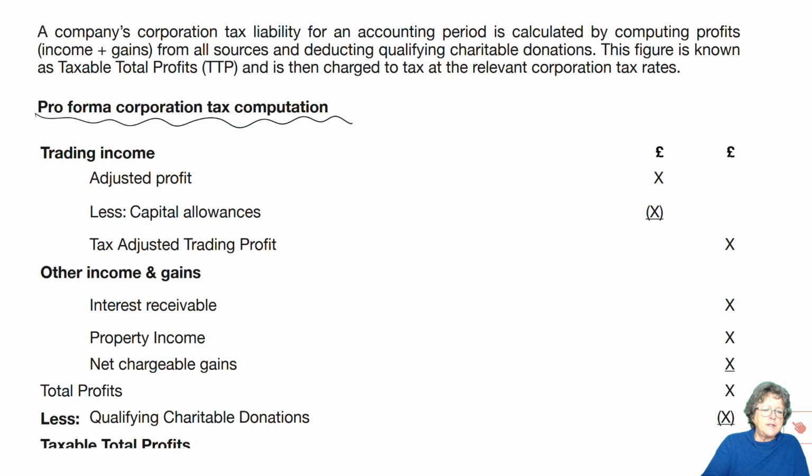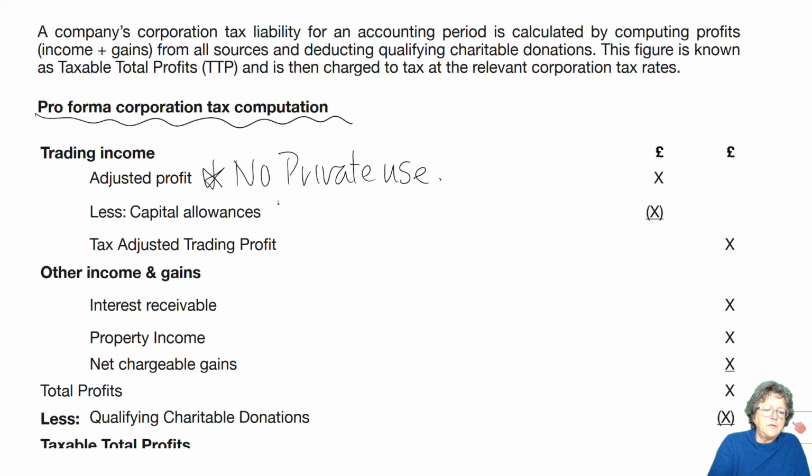Now, interestingly, the adjusted profits calculation is exactly the same as it is for the income tax, except for the fact there is no private use of anything. If you see private use in a corporation tax computation, ignore it.